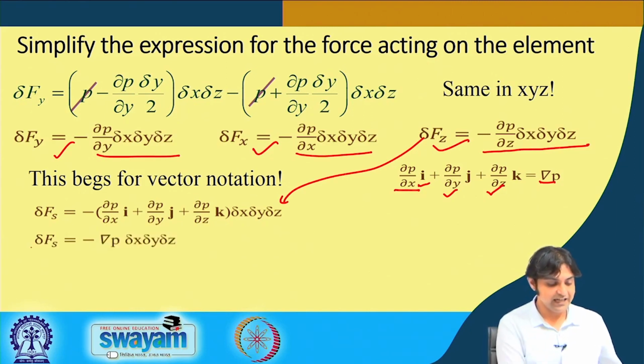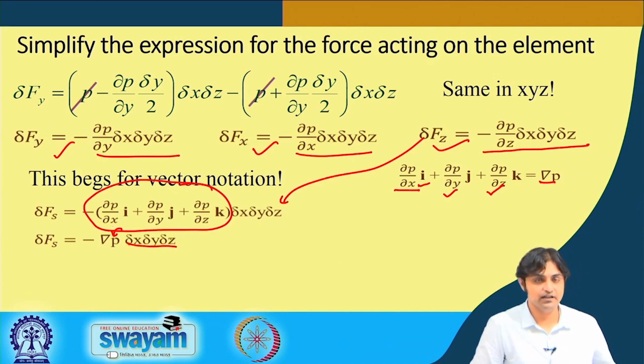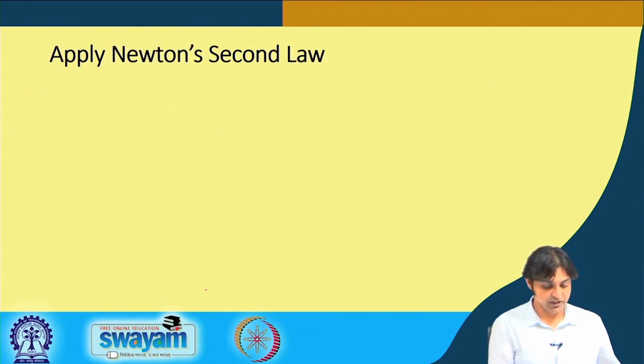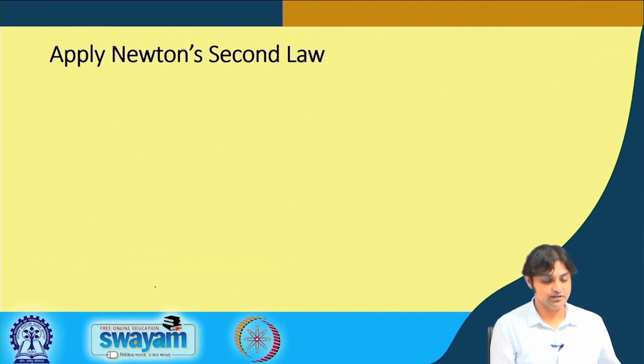So we can write this entire term as del P. This is a standard mathematical notation, and we keep this delta x, delta y, delta z as it is. Now, these are the surface forces acting on the element of fluid due to the pressure gradient.